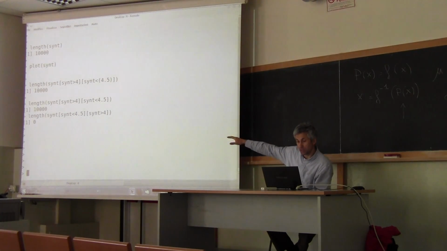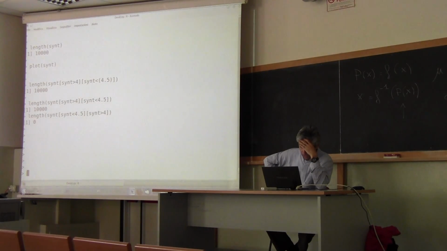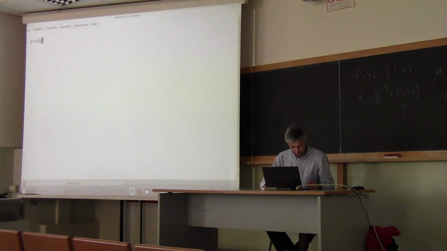It operates first the selection on the first condition, I think, and then the selection on the second. So basically, if I make first the selection sigma greater than 4, it's 0. Okay, so let's repeat.